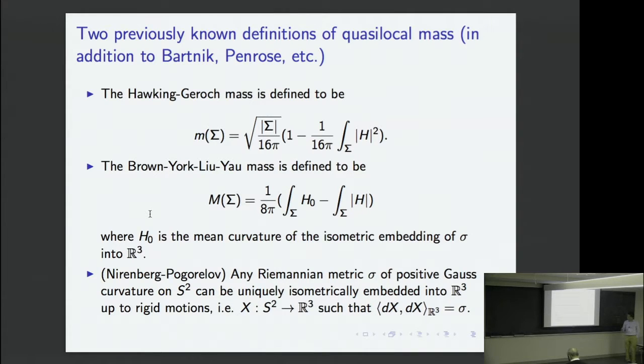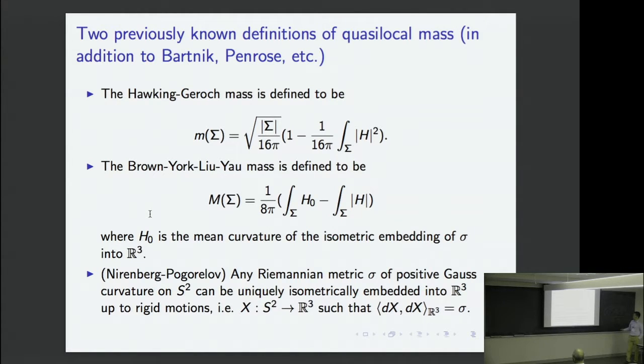It says that if you take any Riemannian metric on your two-dimensional sphere, as long as the Gauss curvature, or the scalar curvature for a two-dimensional surface, is positive, then there is a unique way to isometrically embed into R3. So you're going to see a surface whose induced metric is exactly this given metric. And this uniqueness, of course, is up to rigid motion.